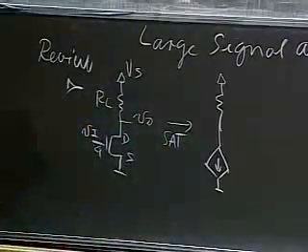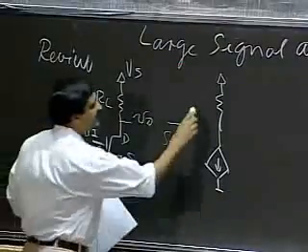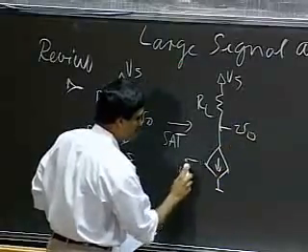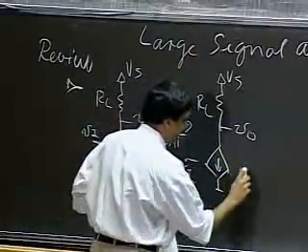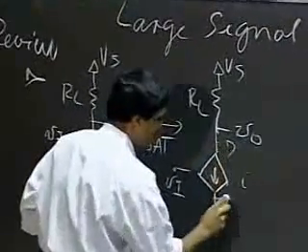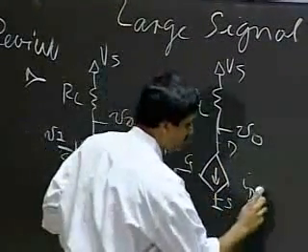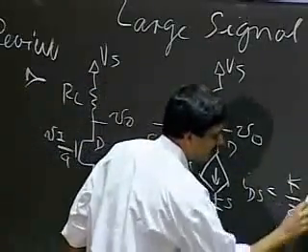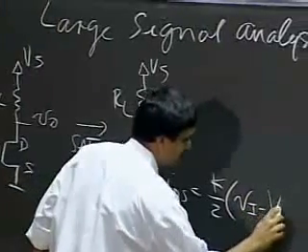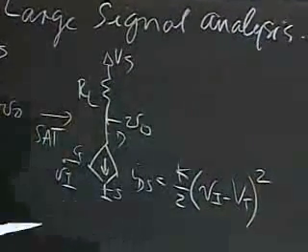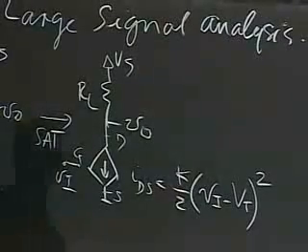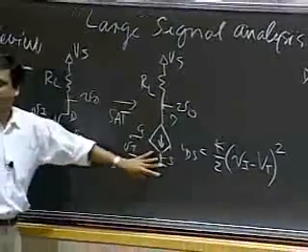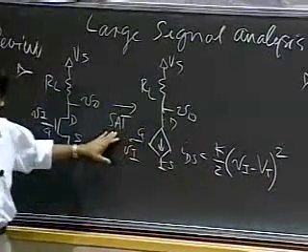So I'll just say, while operating under saturation, the equivalent circuit would look like this: V naught, Vi, and IDS for the dependent source was given by this expression. So this was an amplifier. Here was the equivalent circuit while this device was in saturation.